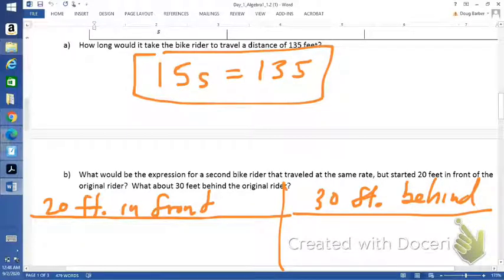So let's write the equation, and then we'll convert it and write it as an expression. So we're going to have the 15s. Now the second rider starts 20 feet in front, so plus 20 equals 135.